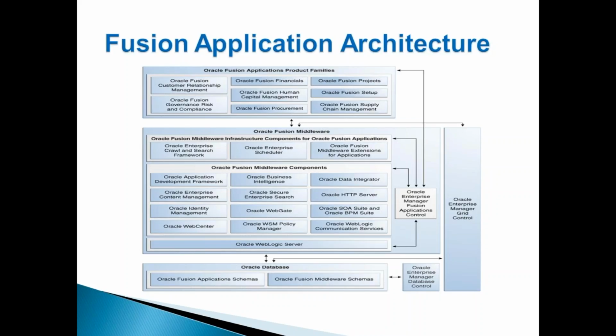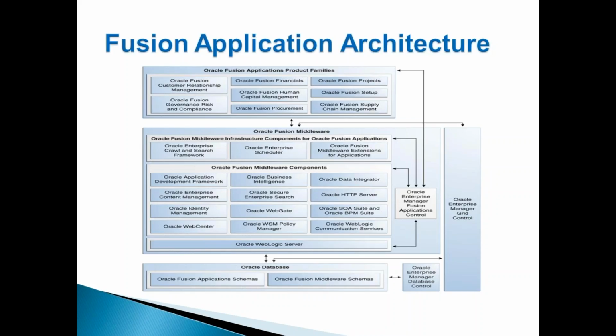So what we are only looking at, from this cloud PPM or Fusion PPM training perspective, is the application product families. Here you would have Fusion Financials, Fusion Human Capital Management, HCM, GRC, Governance Risk and Compliance, Procurement, and Supply Chain Management.